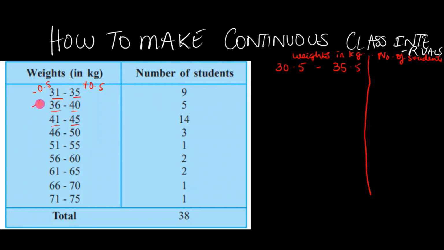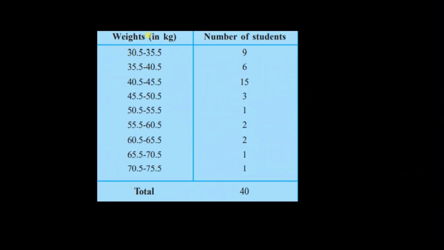Similarly for 36 to 40, minus 0.5 and plus 0.5, so this will be 35.5 to 40.5. As you continue to do this for the other intervals, you will get this final table: 30.5 to 35.5, 35.5 to 40.5.